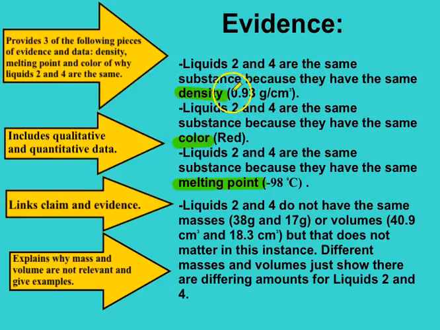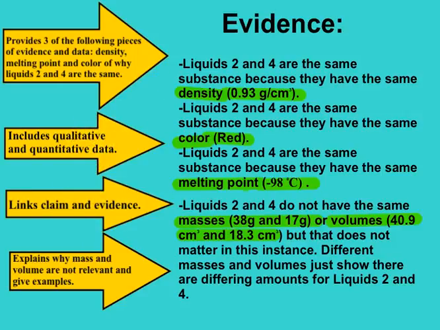I not only said they have the same density, but I actually told you what that density was. So here's your qualitative, and the negative 98 degrees Celsius, that's your quantitative. I'm looking for both. And here's masses, and then you have the actual numbers. Here's volumes and the actual numbers. So it includes qualitative and quantitative data.